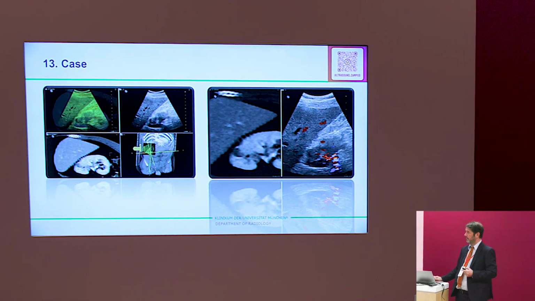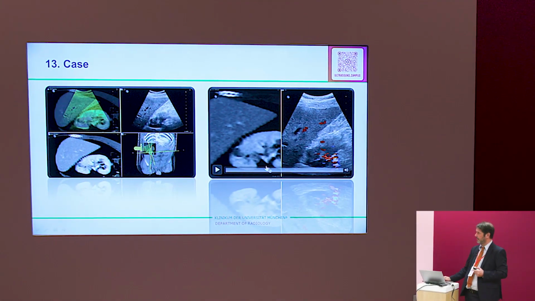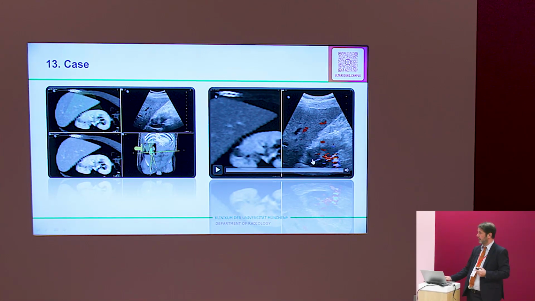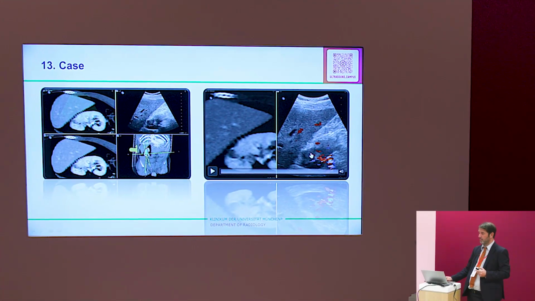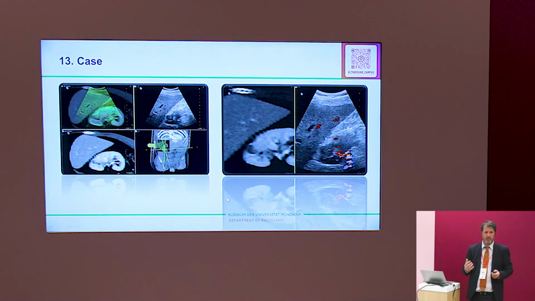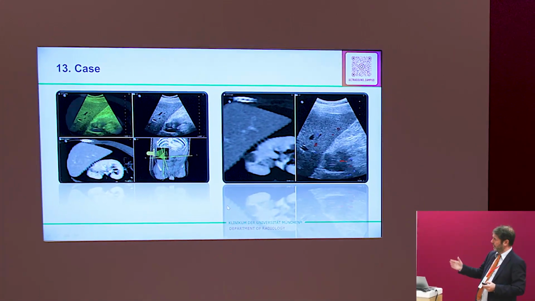So you see, there's a lesion in CT, there's a lesion in ultrasound. Is this lesion black or gray? Gray. So it's not really liquid inside. So we could not see a flow inside.